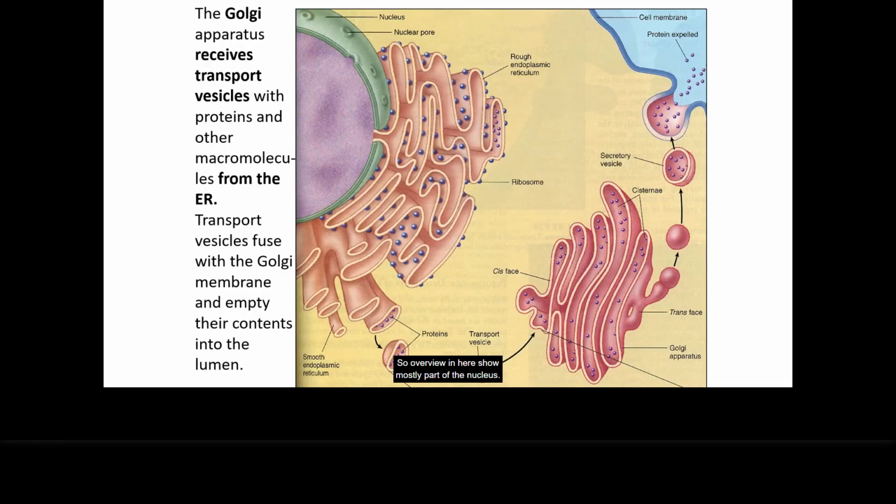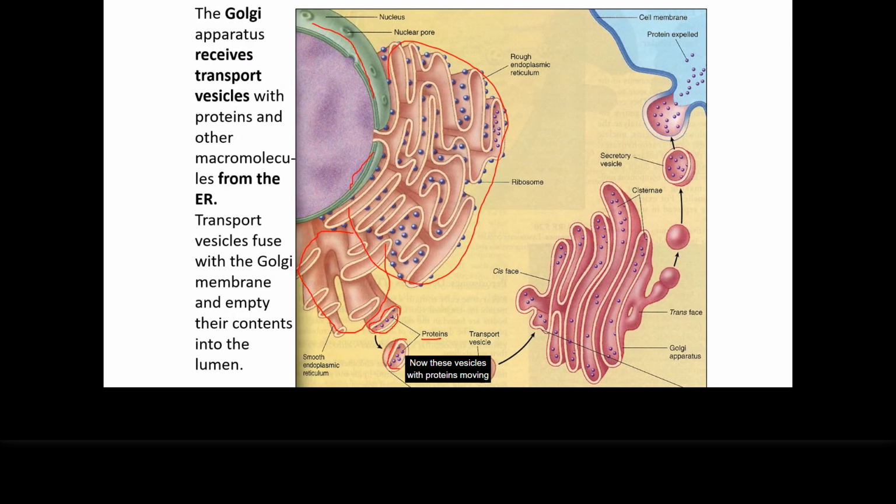So this overview shows part of the nucleus. We see rough endoplasmic reticulum and smooth endoplasmic reticulum. We see vesicles, for example with proteins, detaching. They were synthesized, for example, in the rough endoplasmic reticulum.